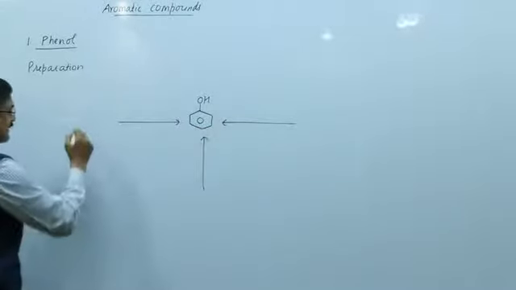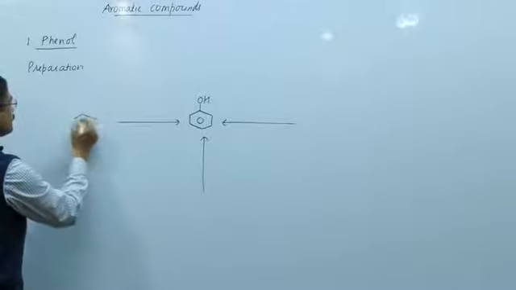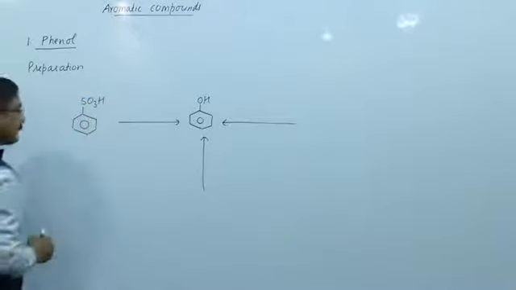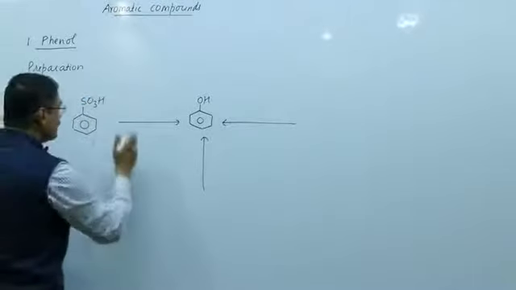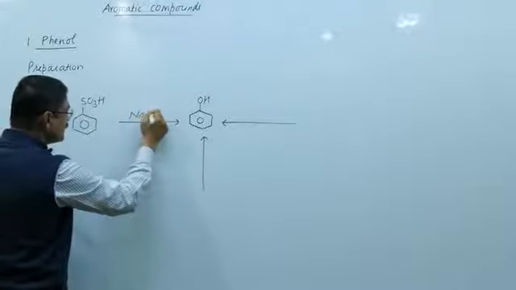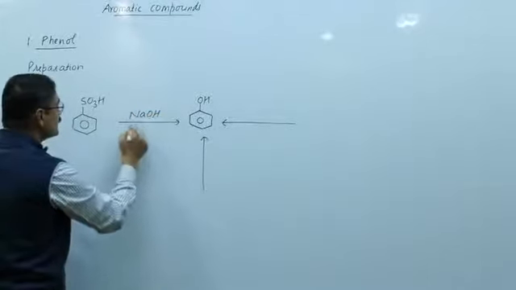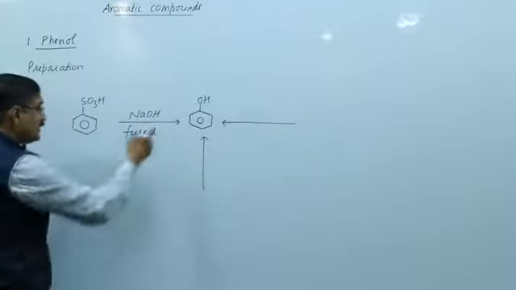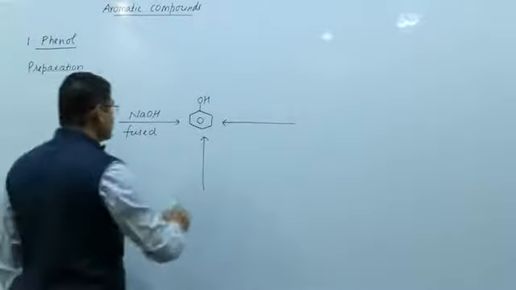Suppose I take the first chemical reaction, benzene sulfonic acid. So SO3H can be replaced by OH group on heating with, or fused with, NaOH. The product is phenol.